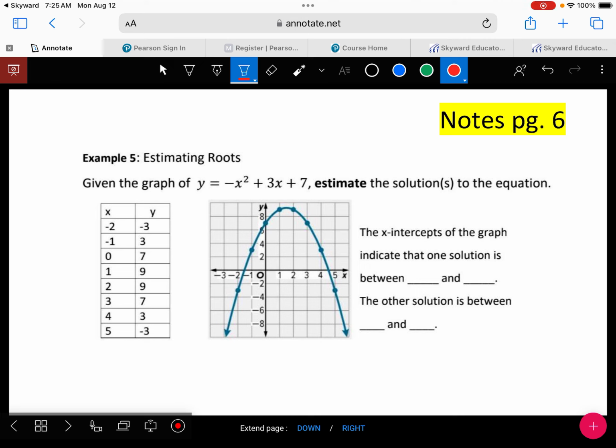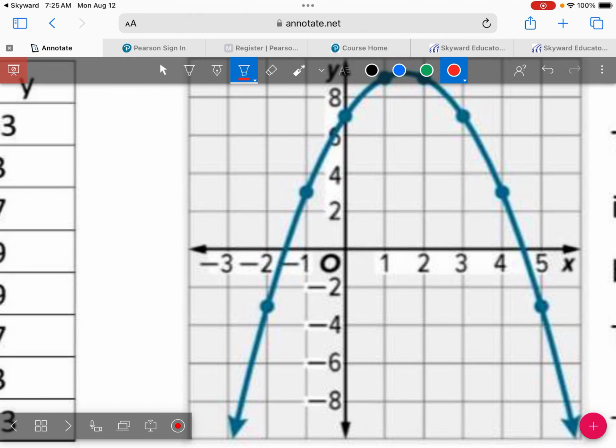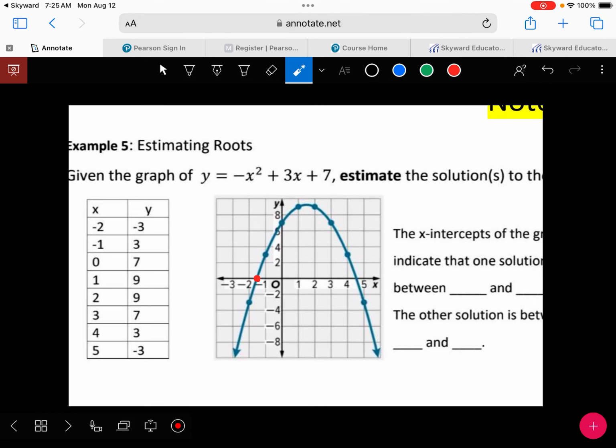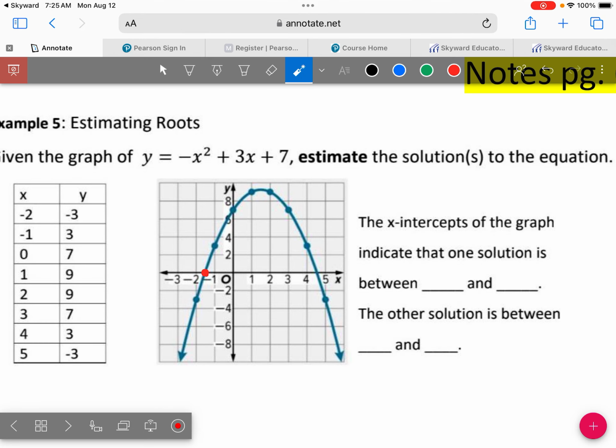Sometimes it falls between 2 numbers, okay? So when I'm looking at this first x-intercept, it happens right here. And what 2 numbers does it fall between? -2 and -1. So our first x-intercept is between -2 and -1.